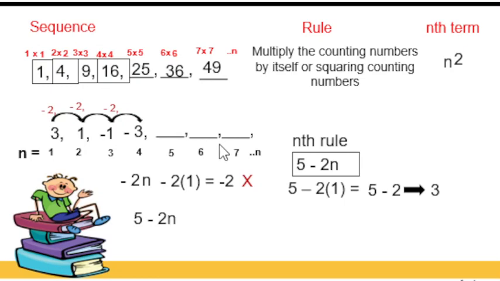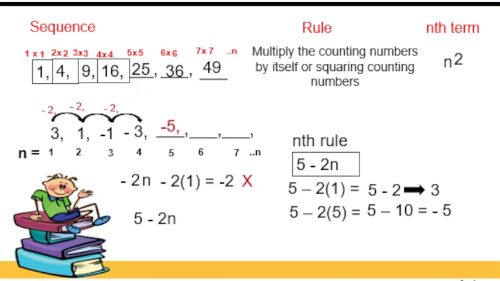Next, we have 5 minus 2 times 5, that is 5 minus 10. Now, we are looking for the fifth term. So that is negative 5.